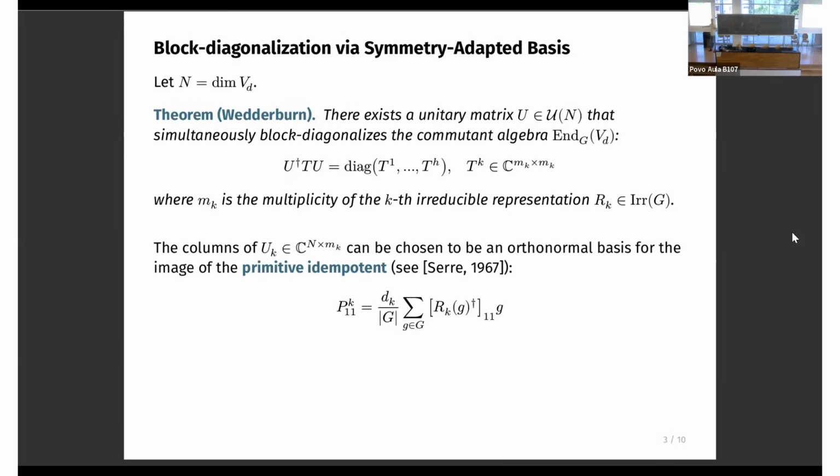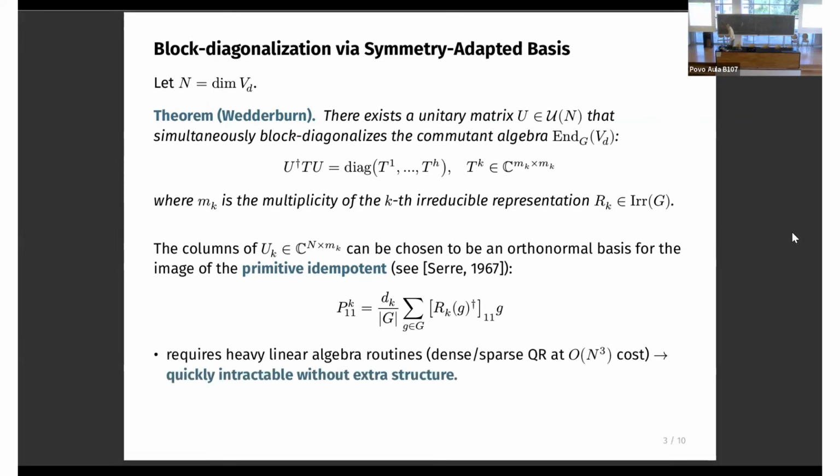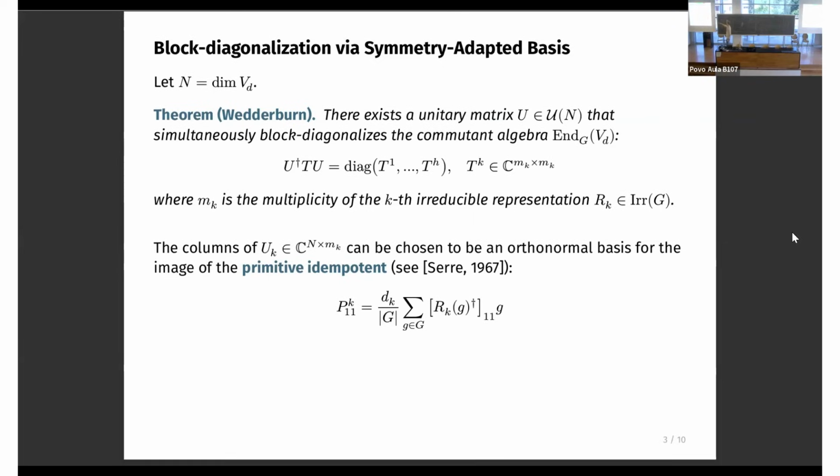This is the 1-1 entry, very specifically, of the matrix form of the irreducible representation. And then you take the inverse, and then you sum this over the whole group. And then exactly, if you take this projector and you find an orthonormal basis, then you have already found U for that particular block. So the part of U that makes the block that corresponds to the k-th irreducible representation.